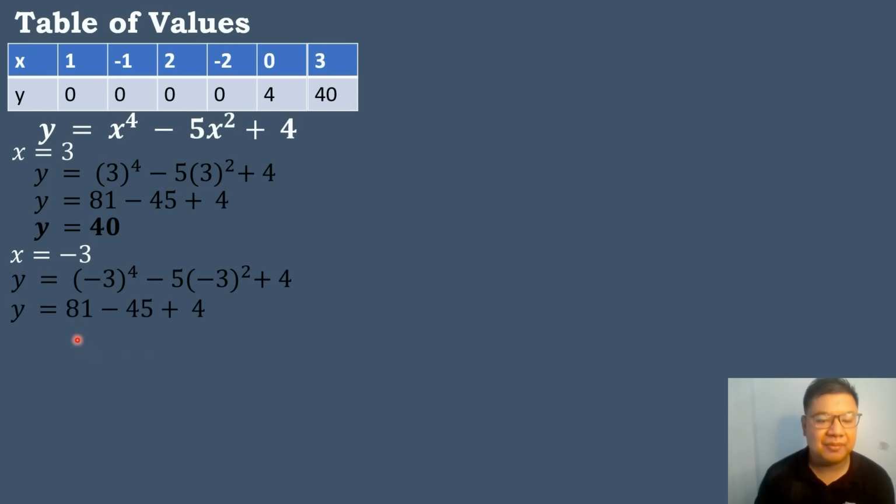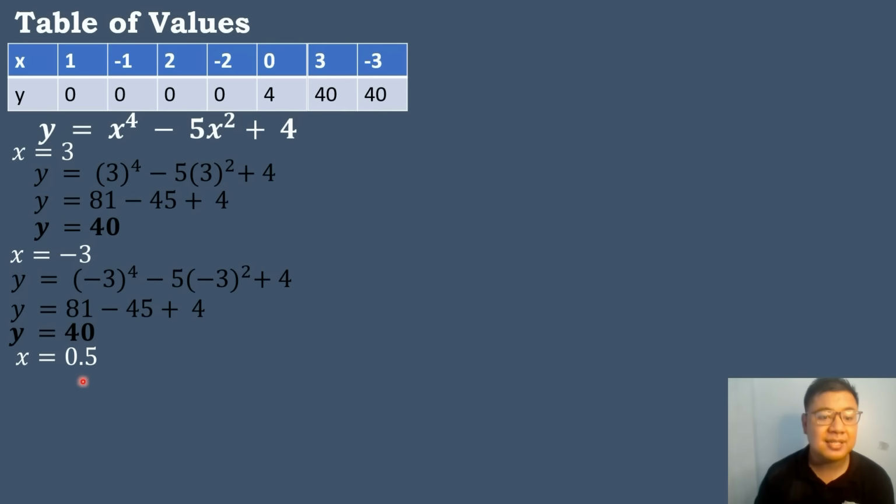So we will simplify. -3 to the fourth power is 81. -3 times -3 is 9, times -5 is -45. Bring down 4. So y is equal to 81 minus 45 plus 4, which is equal to 40. So if x is equal to -3, then y is equal to 40. So we have (-3, 40).